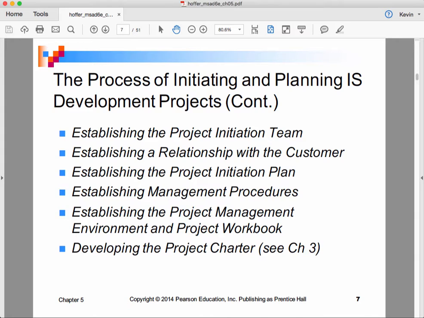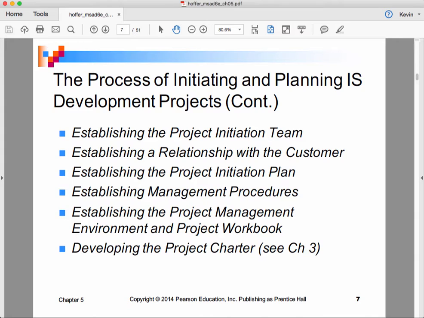From the agile approach, the things that you would have to do here is you'd have to establish your team, and you would have to establish a product vision, what the Scrum people call a product vision statement.